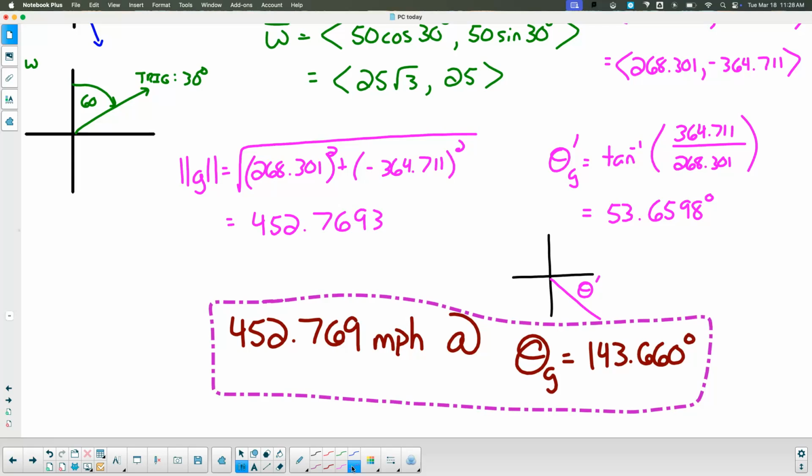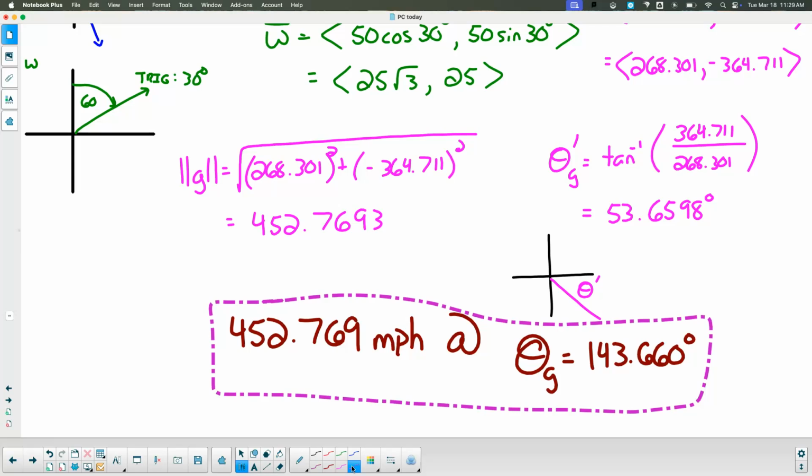Questions, comments, concerns, clarifications? Yes, ma'am. How do you know that's in the fourth quadrant? Because my vector is positive, negative. Okay, thank you.